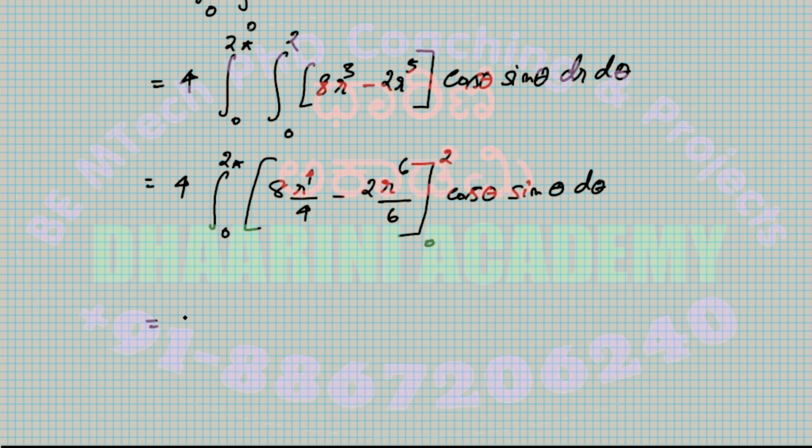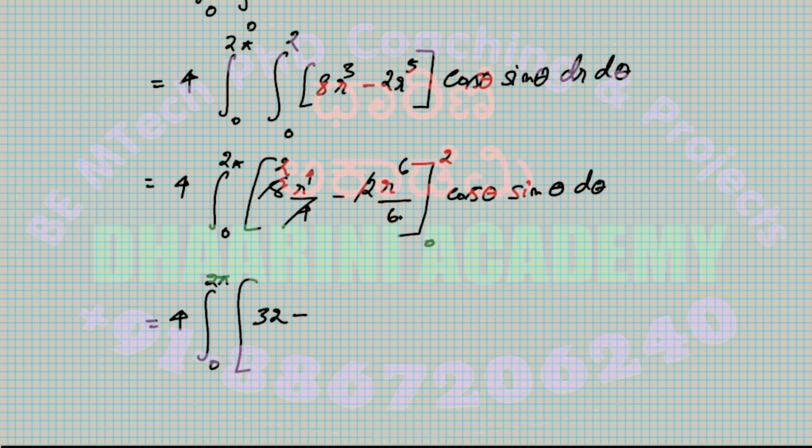So this is equal to 4 times the integral from 0 to 2 pi. What happens when you put 2 over there? 16. So anyway, this cancels with this as a 2. This is 32, right? First term, 16 into 2. Okay, what happens to the second term? This is 2 power 6.